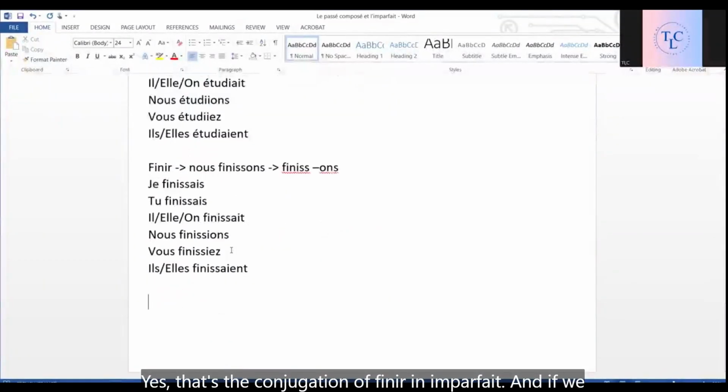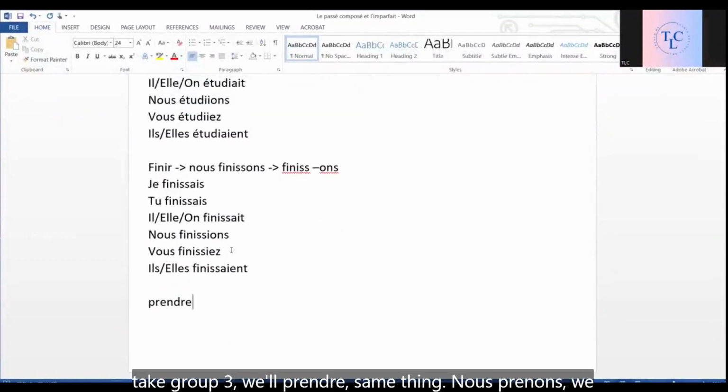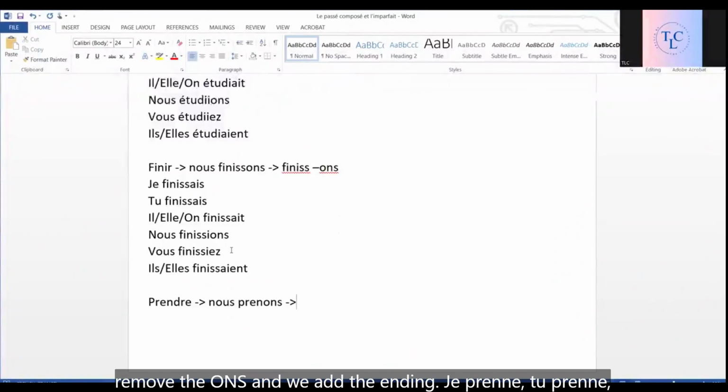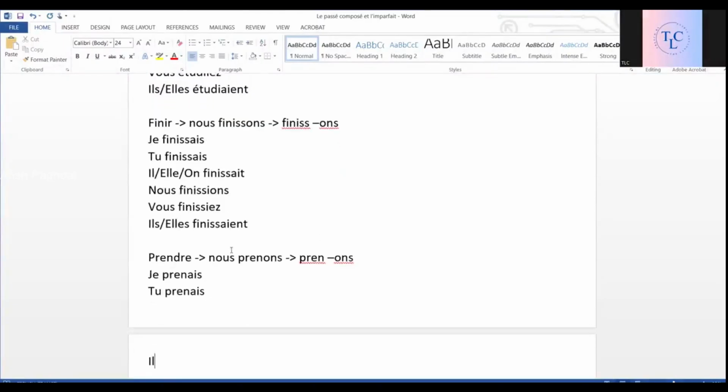And if we take group 3 verb prendre, same thing. Nous prenons, we remove the ONS and we add the ending. Je prenais, tu prenais, il, elle, on prenait.